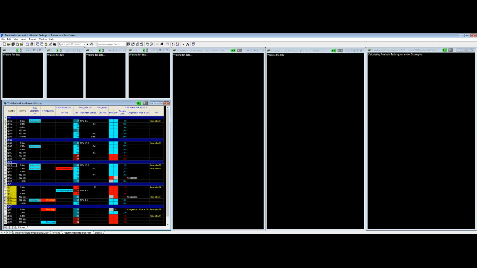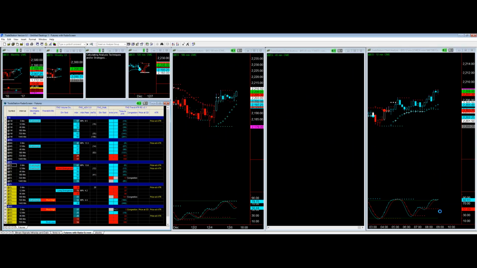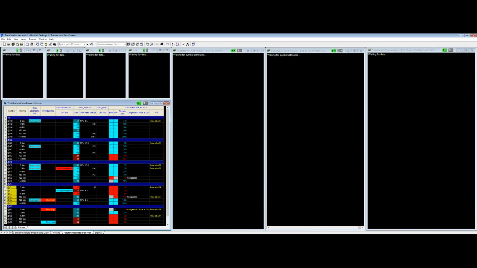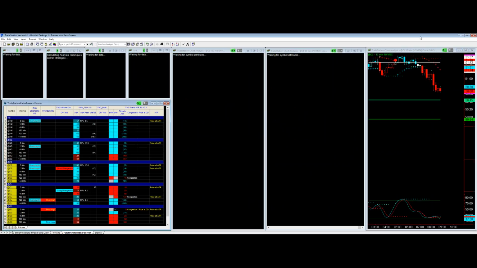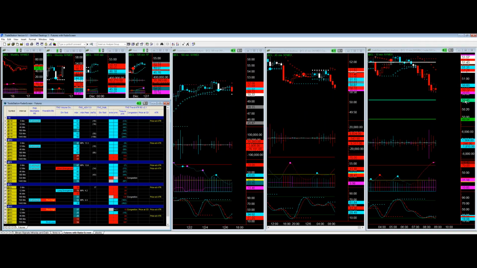Do you see how you're also getting short divergence here? In this case, the stochastics is overextended on the buy side, and you've got volume divergence on the highs. Crude, you're getting long divergence. That means that crude is giving you a long signal. I think it may come down and hit 50.45 first.